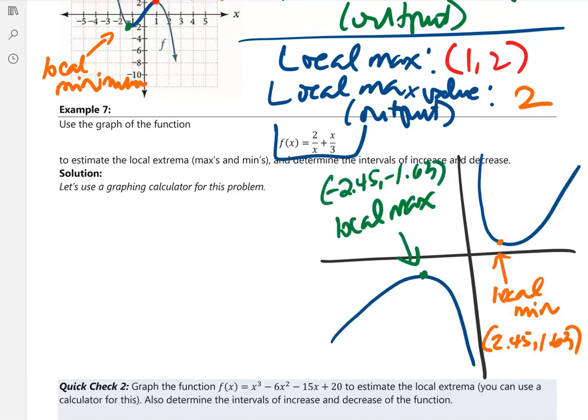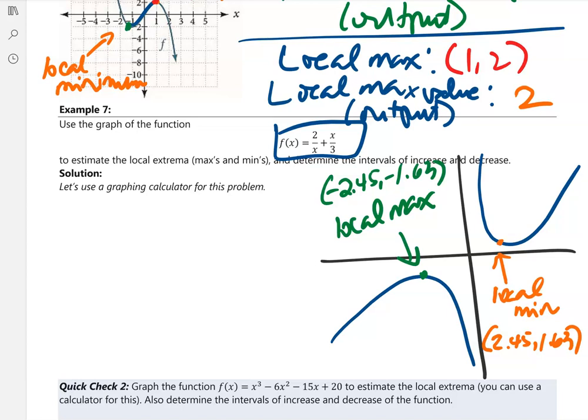When you graph this, it's going to be like this. And this point here is the local max at negative 2.45, negative 1.63. And this is the local minimum, at 2.45 and 1.63.